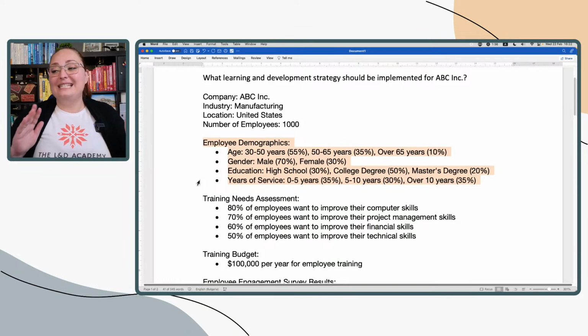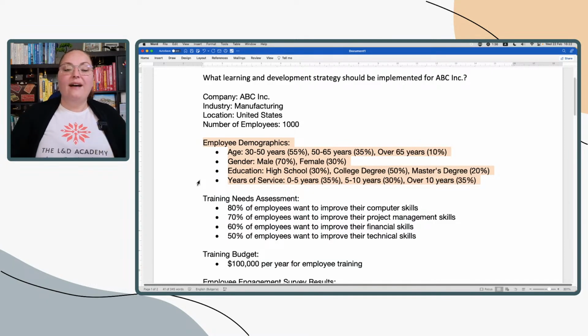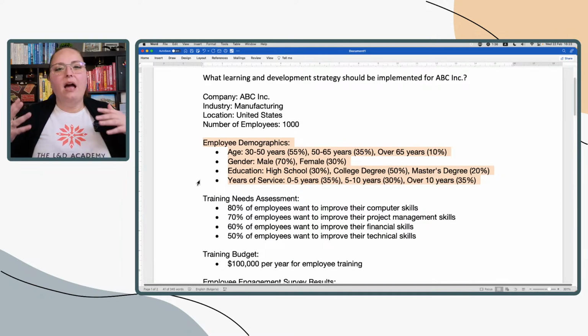If we have, let's say, 3 different personas, if we separate it by age here, we have someone who is between 30 and 50, so roughly a millennial. They have a good grasp of technology, but they may struggle with the latest things.